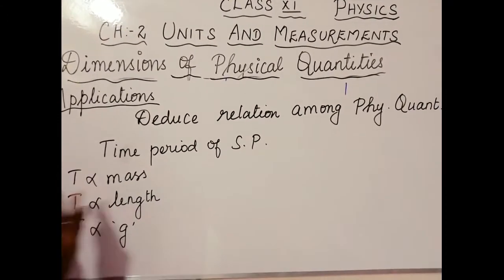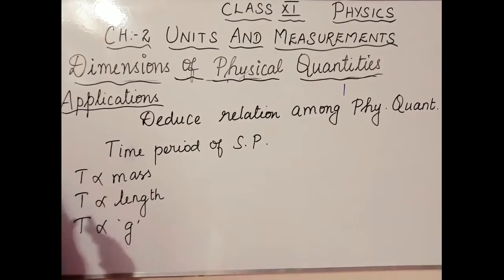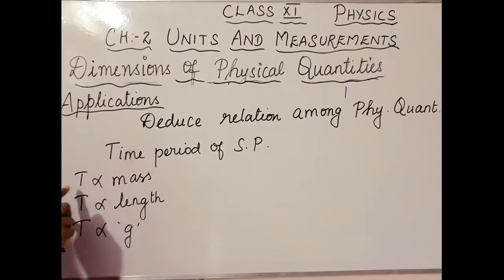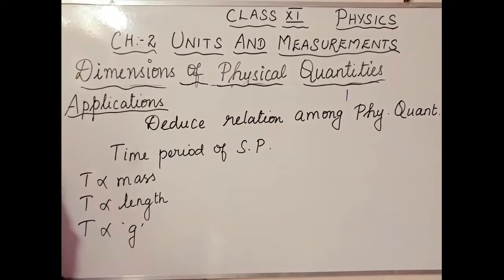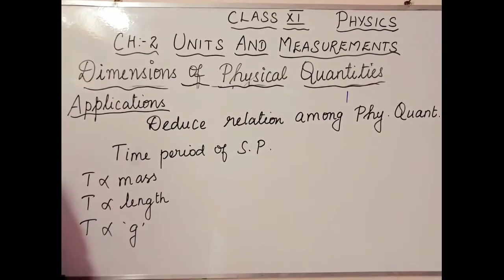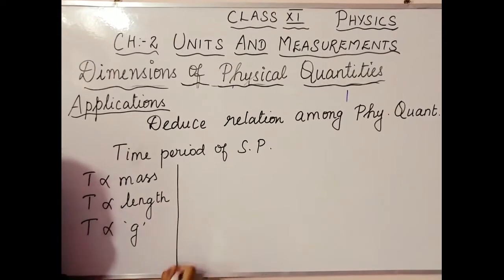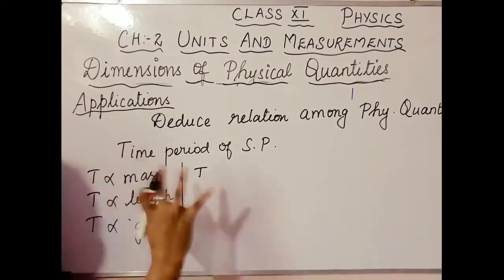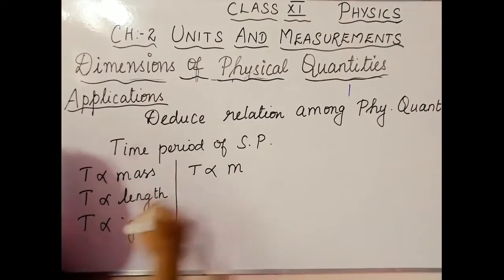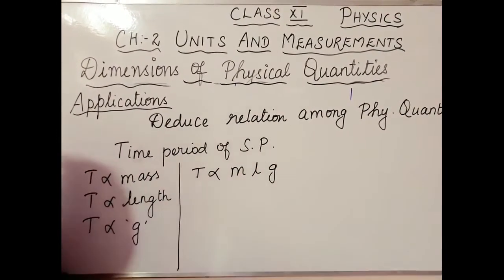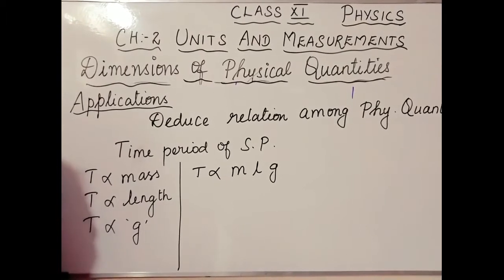So what is the exact equation of the time period of a simple pendulum using mass, length and acceleration due to gravity? First step, just write together: T is directly proportional to mass, length and acceleration due to gravity.